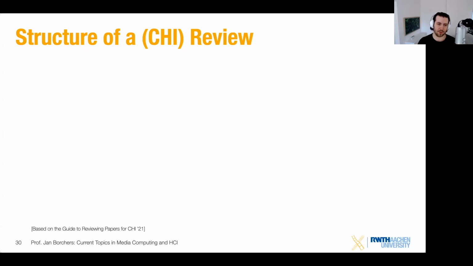Basically continuing what Professor Borges introduced, he showed you parts of a paper that fall into the different criteria that we covered, like novelty, the contribution, or just the general format of the paper. And this is all in the context of submitting or publishing research in HCI.